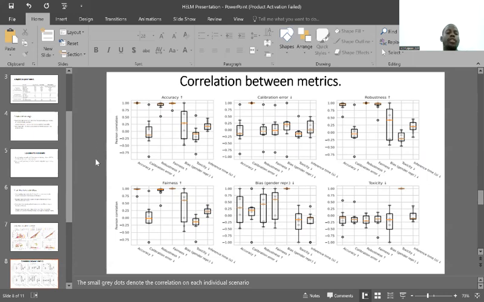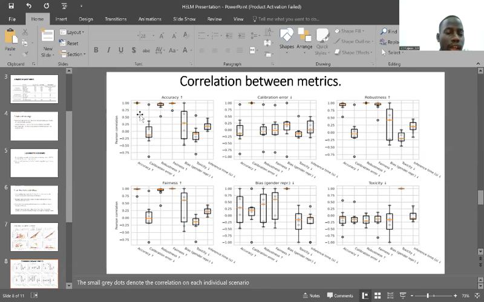So for correlation between metrics, we are comparing one metric against all the other metrics. And in this case, we are using the Pearson correlation. Here we can see accuracy against all these other metrics.